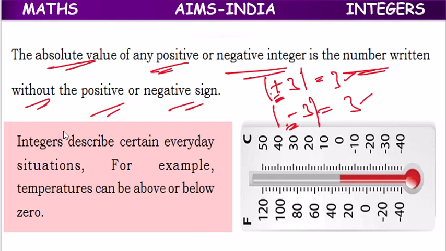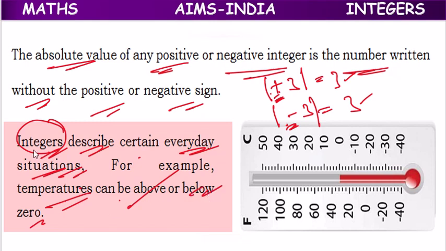Okay. So integers describe everyday situations. If you want to find temperature, which can be above 0 or below 0, we make use of integers.